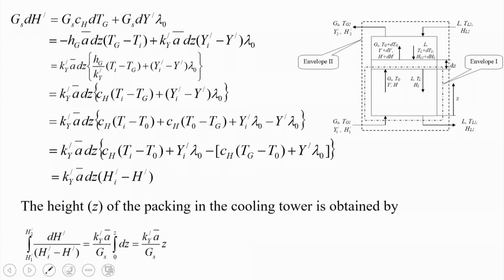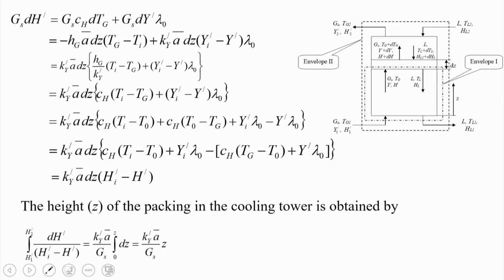And now we will be getting the height of the packing in the cooling tower by just integrating this equation with respect to the enthalpy values, that is dH' by (H_I' - H').